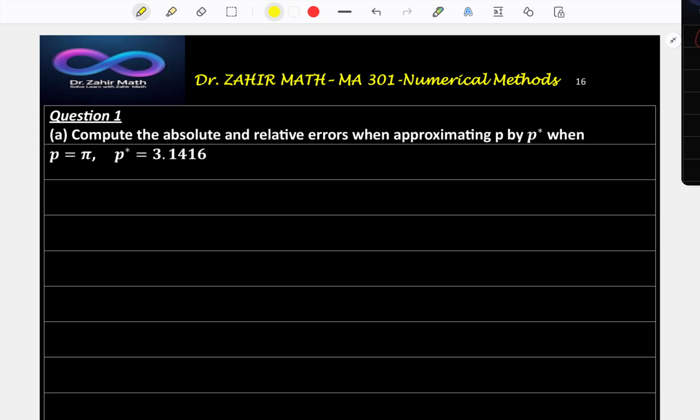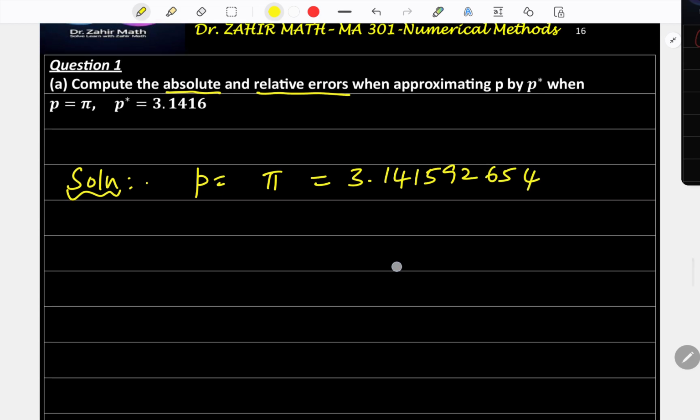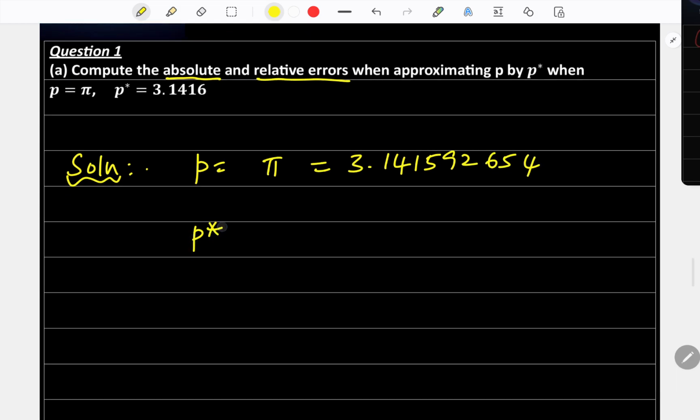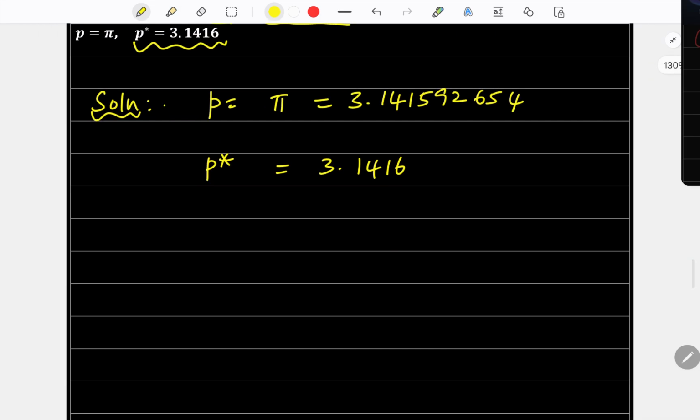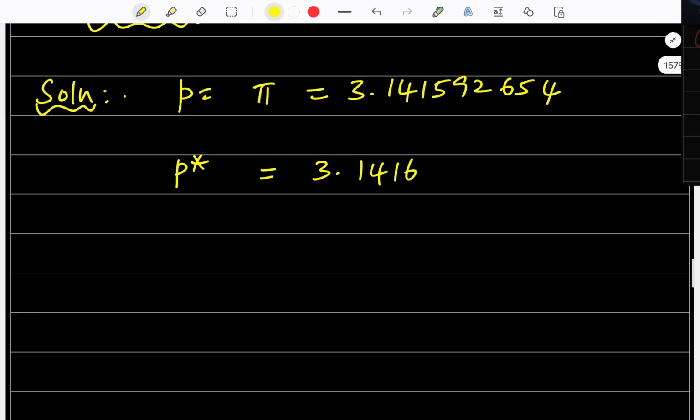Right, again he has given question 1: compute the absolute error and relative error. Okay, let me do the solution again. So p is equal to pi, you put it in the calculator, which is 3.141592654, because I know, that's why I'm writing. And p star is equal to 3.1416, which is given here. Okay, so now absolute error, oh okay, I want to finish it.